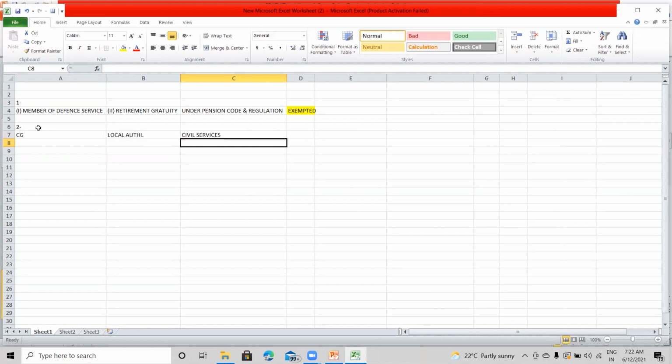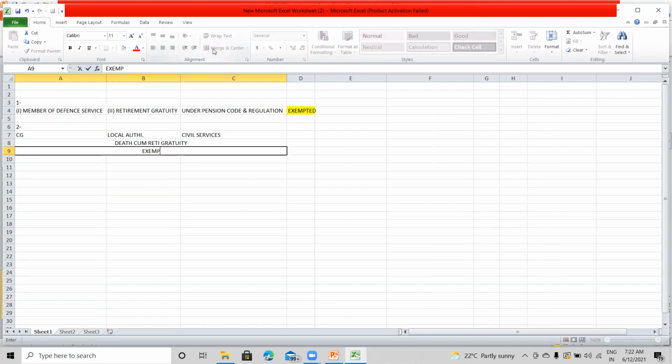If there is any employee of central government, local authority, or any member of civil services, and such a person receives the death cum retirement gratuity, then such gratuity will be exempted under section 10, subsection 10 1.